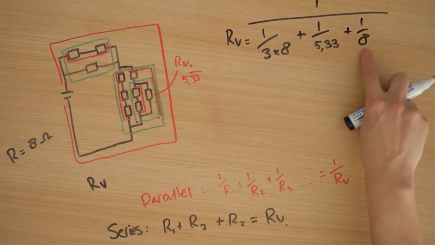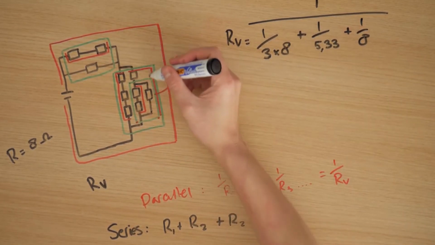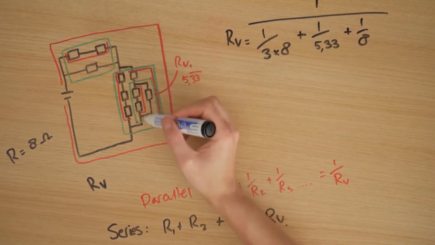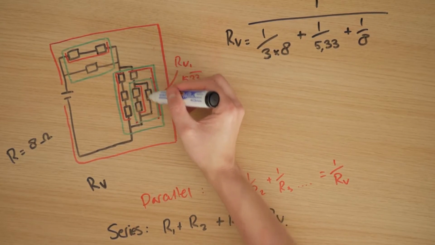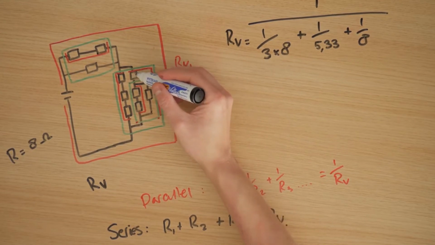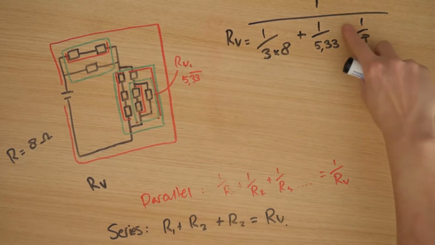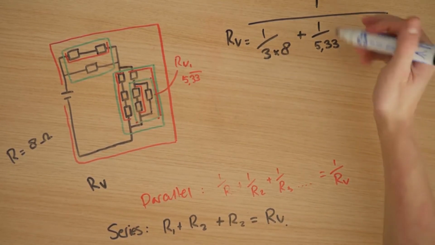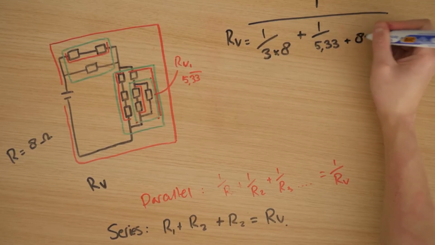That's not quite right. If I did that, it would insinuate that there was an extra group of parallel. It would say that there were 3 lines, but honestly, there's just 2 lines. We made this thing into one resistor, and we're just adding this one in series. So what we actually have to do is say 1 over 5.33 plus 8.